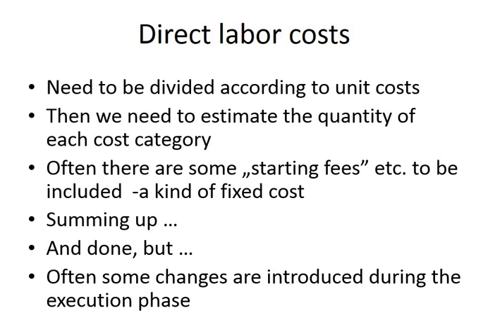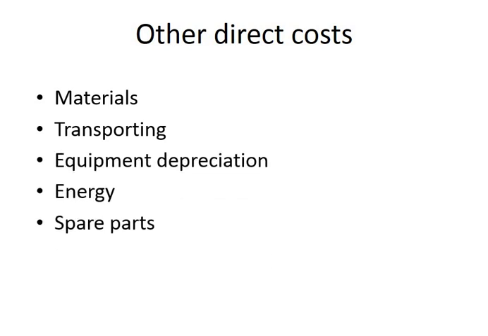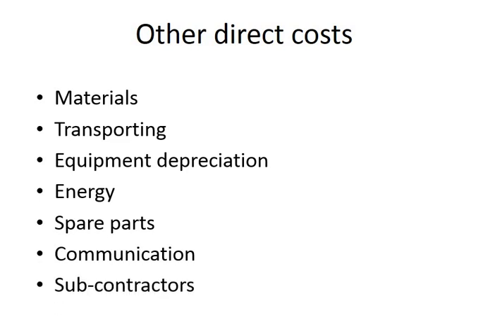Basically, you can calculate the labor costs just by counting how many hours, how many days, and so on you will need, and then setting prices for them, and then summing everything up. Other costs are like materials, transporting costs, equipment depreciation, energy, spare parts, communication, subcontractors, and so on.